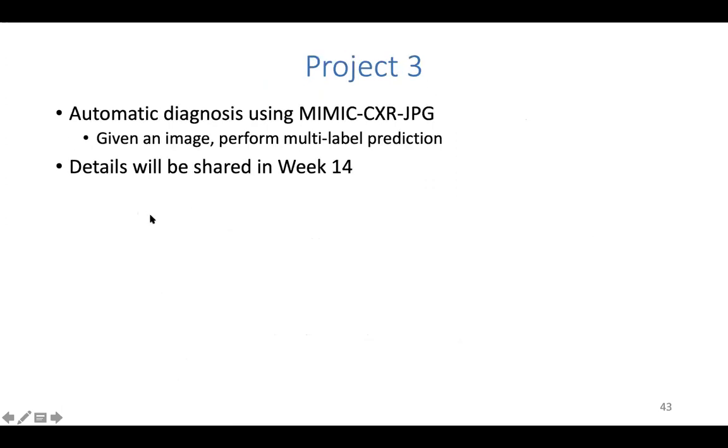The further details in the specs will be shared in week 14 as per the syllabus. But if you're interested, you might want to get familiar with the MIMIC-CXR-JPG dataset, the earlier the better, since if you have access to PhysioNet, then you have access to everything inside PhysioNet. So you can explore what the dataset looks like, and maybe do a bit of EDA by yourself.